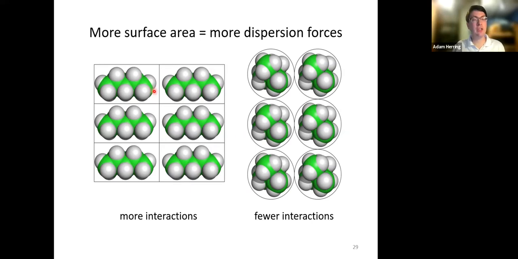The isomer that is longer is going to have more surface area than ones that are clumped up and have atoms hidden away in the center of the molecule. And so the molecules that are more compact, more stumpy, are going to have fewer interactions.